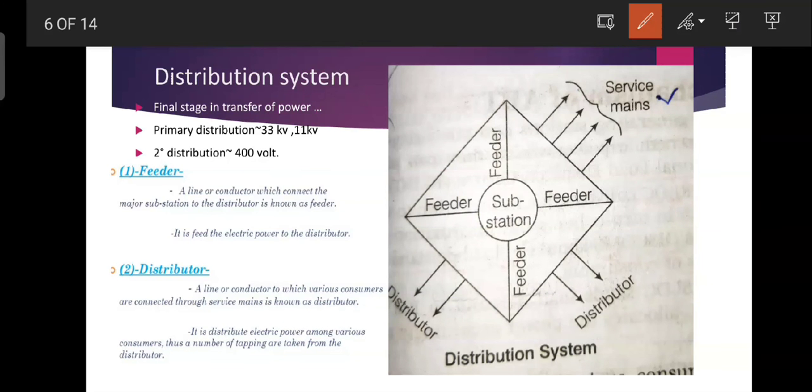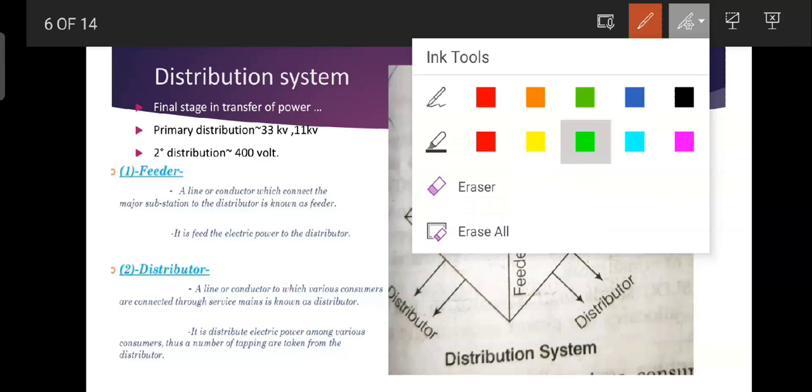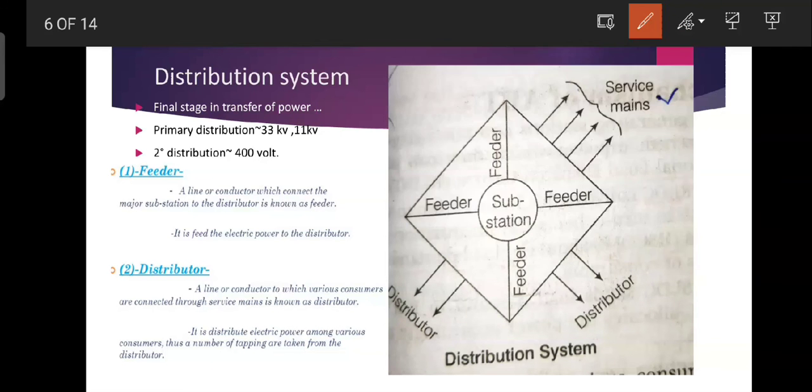So let's see the distributor. What is a distributor? The role of the distributor is what? A line or conductor through which various consumers are connected via the service mains is known as the distributor. There are various types of consumers, like APL and BPL type consumers.